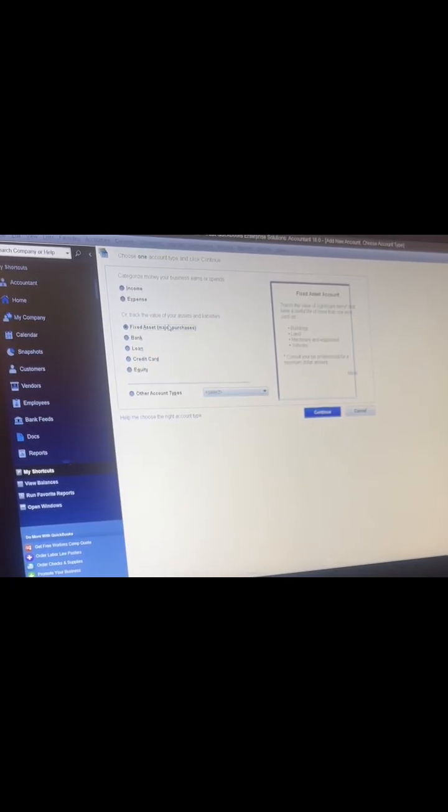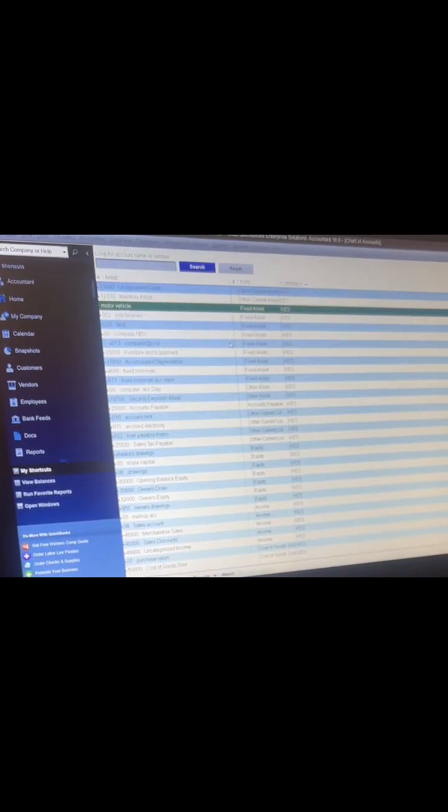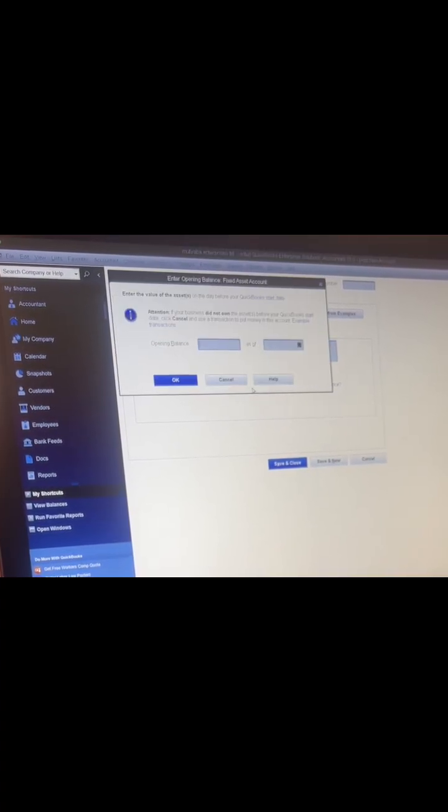You choose fixed assets. Let's put motor vehicle depreciation, accumulated depreciation. Let's assume the accumulated depreciation was 2M. So let's put it here in the opening balance.